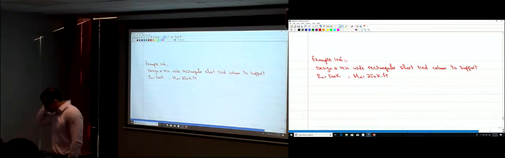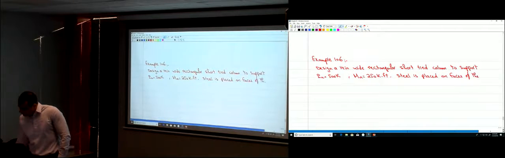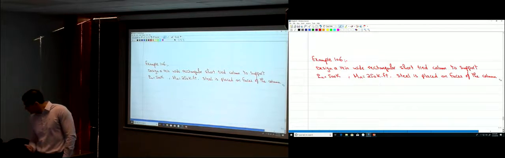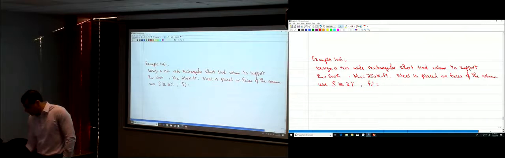So those are the loads, okay? Steel is placed on two faces of the column. Use rho that is approximately equal to 2%. Fc prime is equal to 4 ksi, and Fy is equal to 60 ksi.